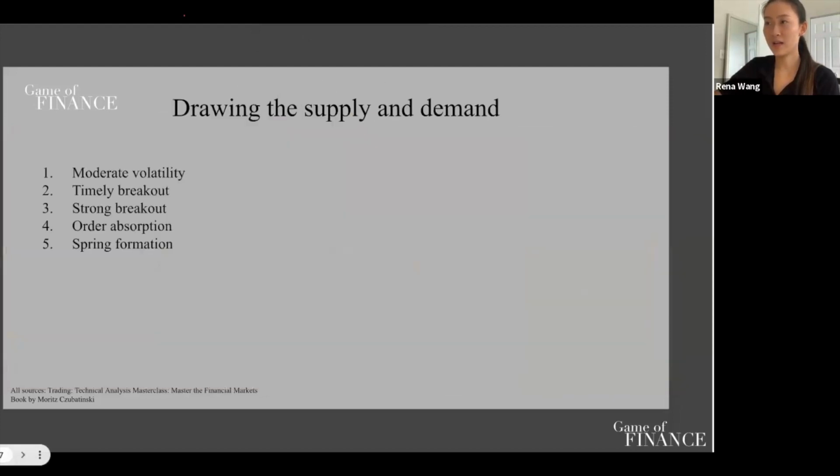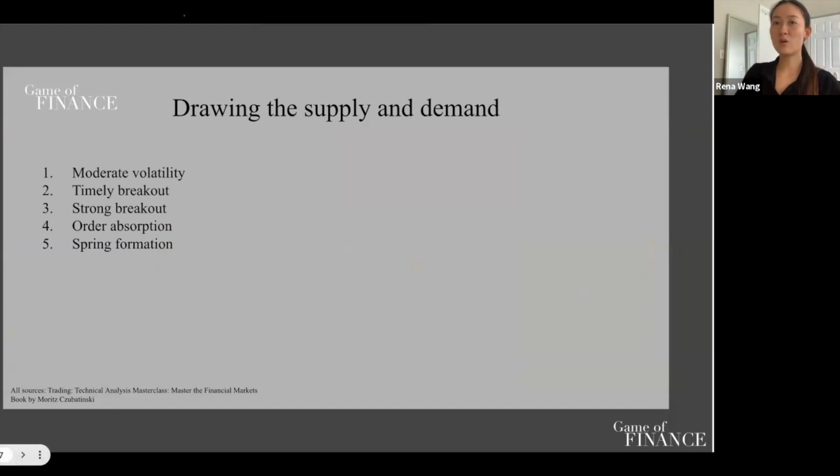Going back, the fourth one is order observation. This is the concept we have learned in connection with support and resistance lines. It says that the price level can be weakened with each contact point. Every time price makes contact with your support line or your resistance line, it becomes weaker than previously.